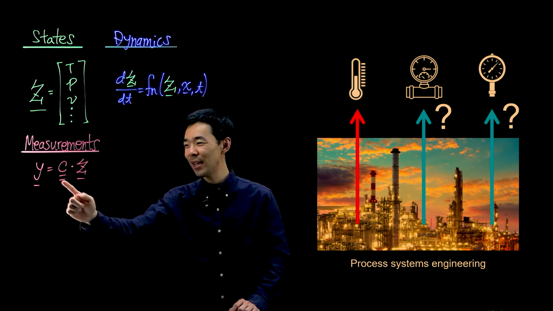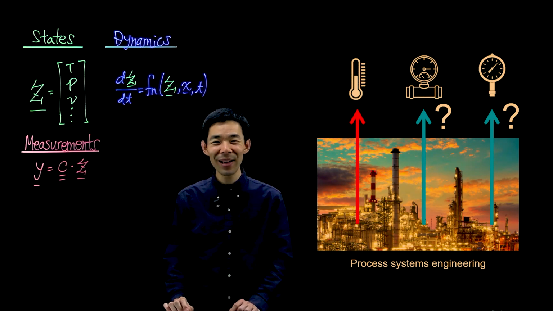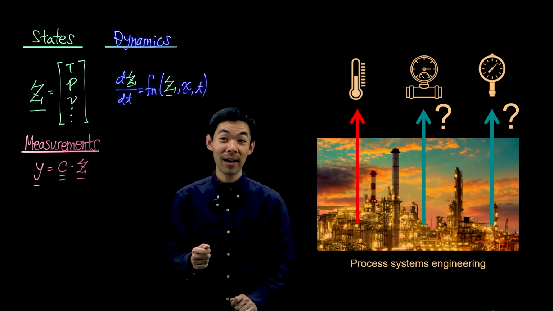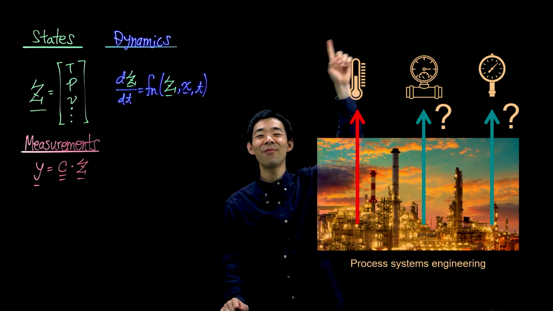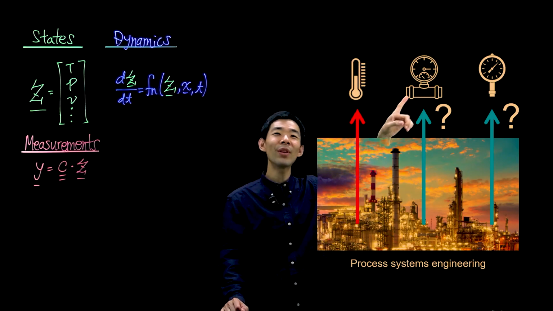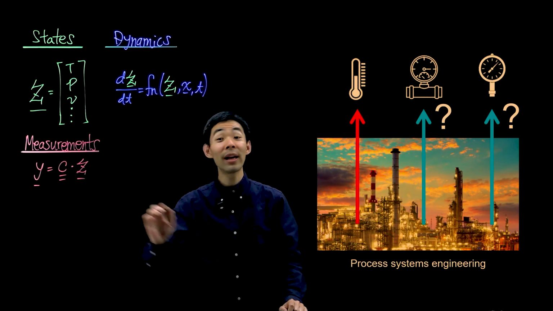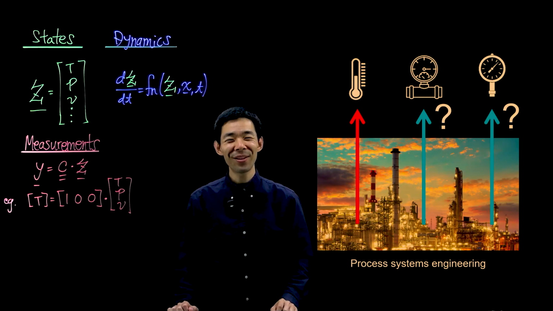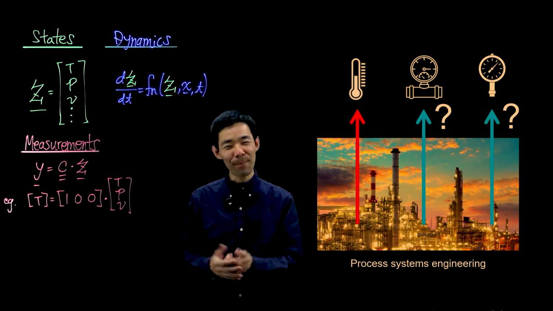So there is another matrix, C, called the observation matrix, that will pick out the variables that you have direct access to. So for example, when I said earlier that you have measurements of the temperature, but you don't have measurements of the flow rate or the pressure downstream, then it would look like the following. Just like that. In this particular case, your measurement y is just a scalar variable of temperature.